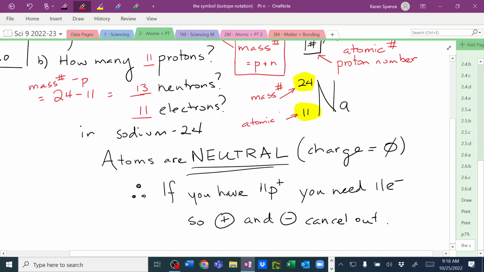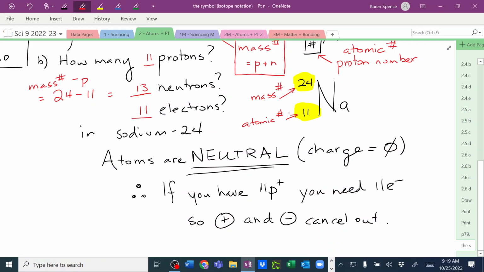I don't know for sure, I think the reason they write it in that order is that if you want to calculate the number of neutrons, very often when we subtract, we put one number over top of the other number.